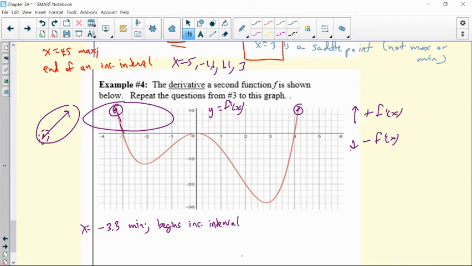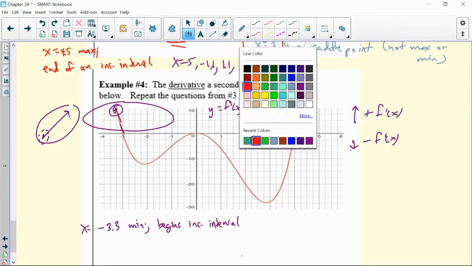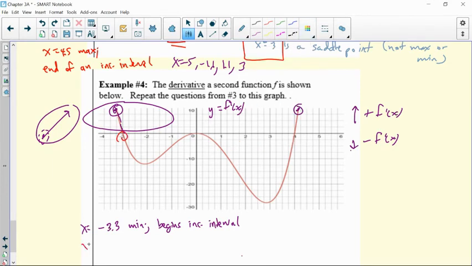All right, so then let's go to the next one. Right here at -3. Think about what's happening there. That's going to be a maximum because your derivative changed from positive to negative. So f prime of x changes from positive to negative.